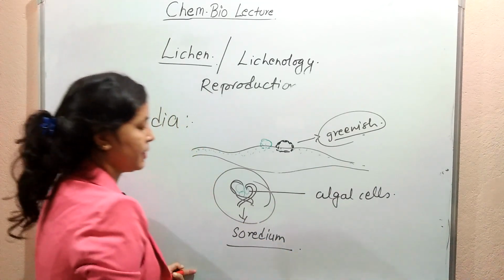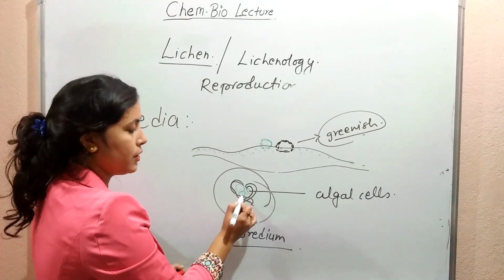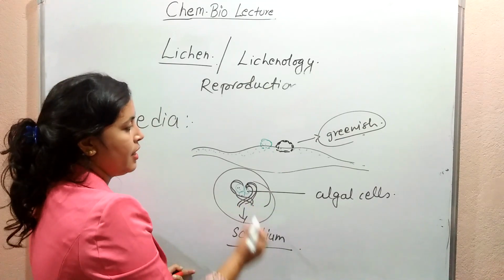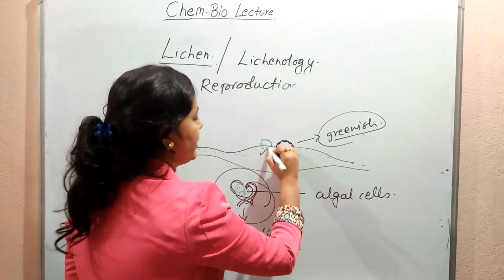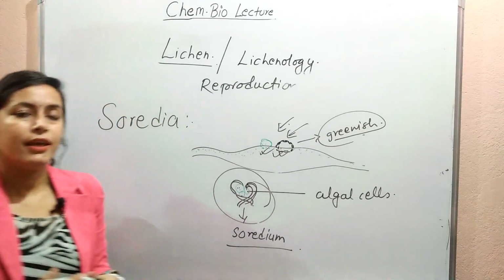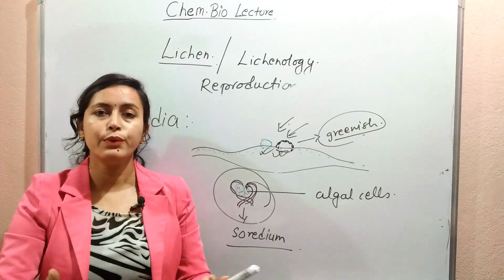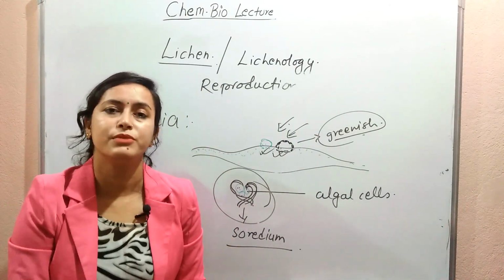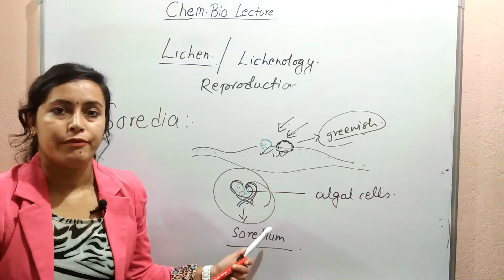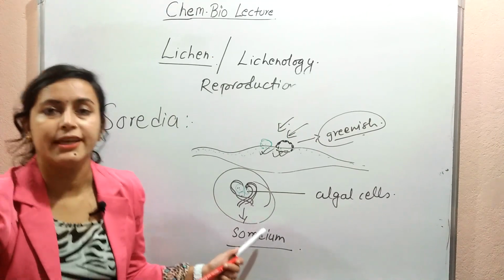Each soredium consists of a few algal cells and fungal hyphae. When they get disseminated by the wind or other mechanical agents, they can grow on another surface and form a thallus. In this way, vegetative reproduction takes place from the soredia.